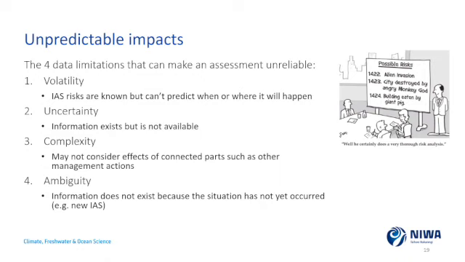For number 3, you could expand the CBA scope to include more interconnected parts, more different policies, maybe more sectors, more different ecosystems. Again, that's going to cost time and money. But for the 4th type, there's really nothing you can do to improve the reliability of the assessment. So you're going to have to make that decision anyway. You just have to decide whether that's important for whether your policy is going to be effective or not.